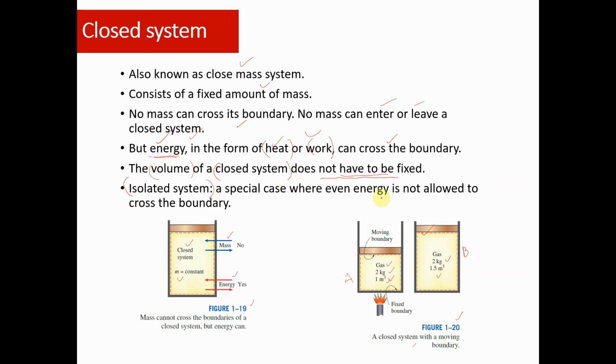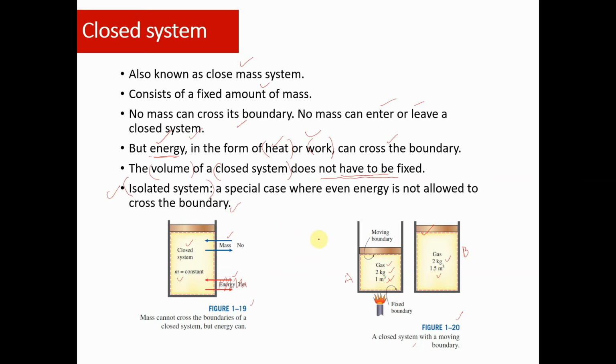But in the case of, for instance, an isolated system, a special case when neither the energy nor the mass can enter or exit the boundary. Okay, so when it's stated isolated system, even the energy cannot go in or go out. An example that I can give you is a very good thermos that contains hot water, let's say.